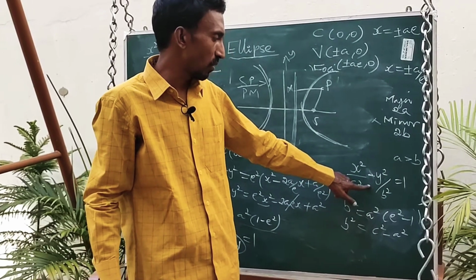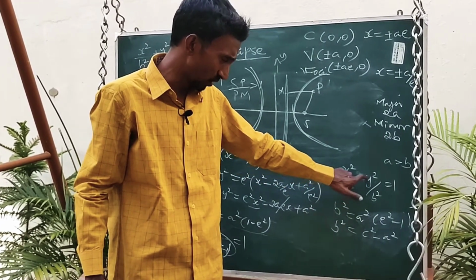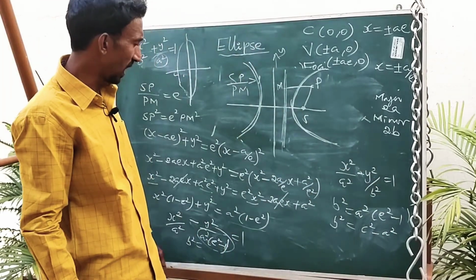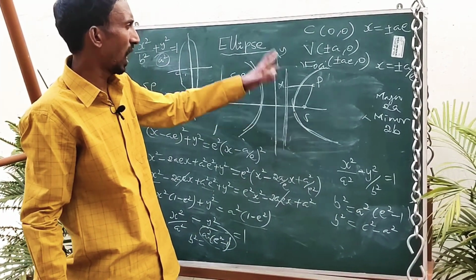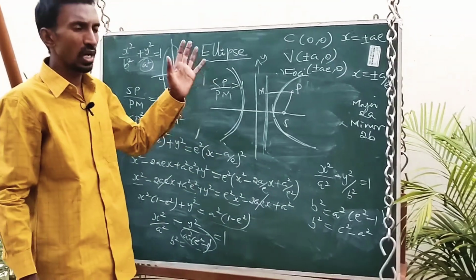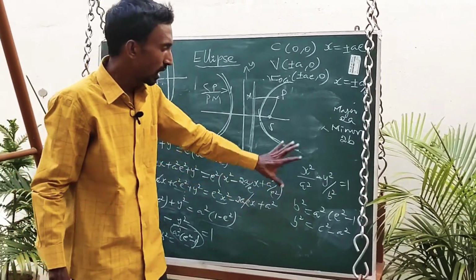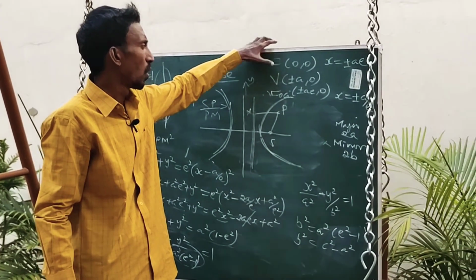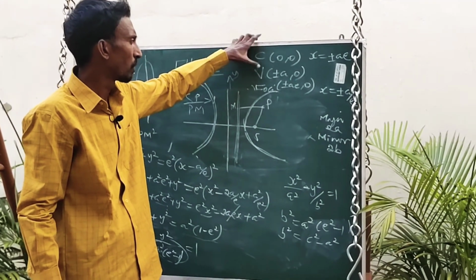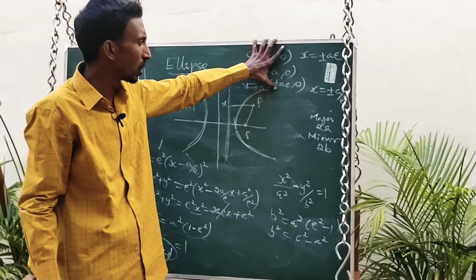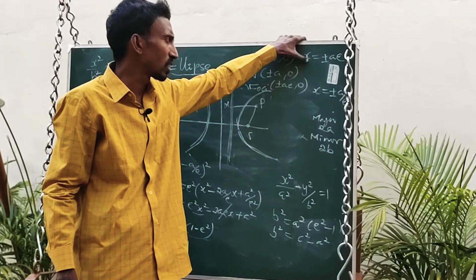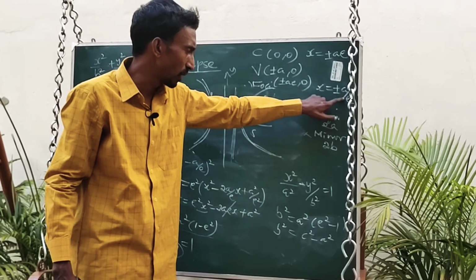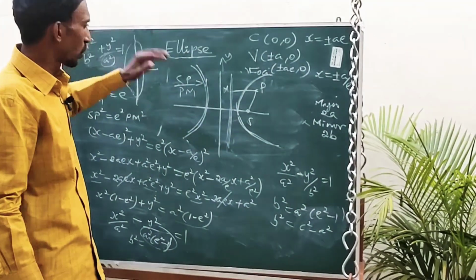It is the first type of hyperbola, x square by a square minus y square by b square equal to 1. Here there is no need to compare the values of a and b. The major points for the first type of hyperbola are the same as for the first type of ellipse. The center is (0, 0), vertices are (plus or minus a, 0), foci are (plus or minus ae, 0), the equations of the latus rectum are x equal to plus or minus ae, the equations of the directrices are x equal to plus or minus a by e, and the length of the latus rectum is the same, 2b square by a.